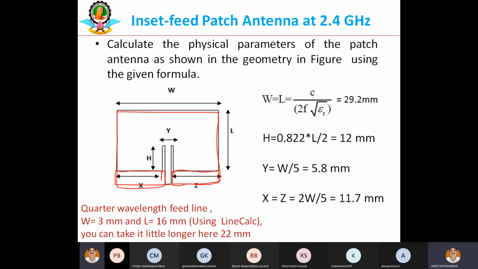My third step, I will remove this section of the earlier rectangle. And finally, I will remove this section, so that it will create the inset feed patch antenna.